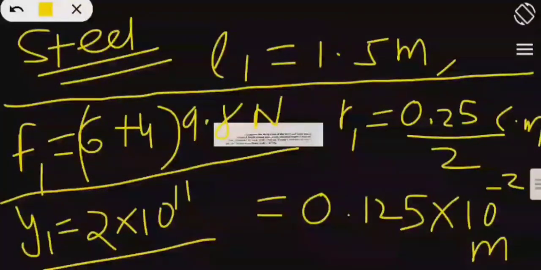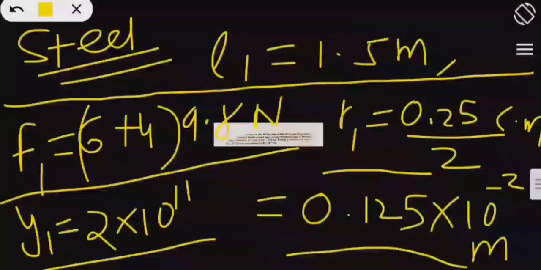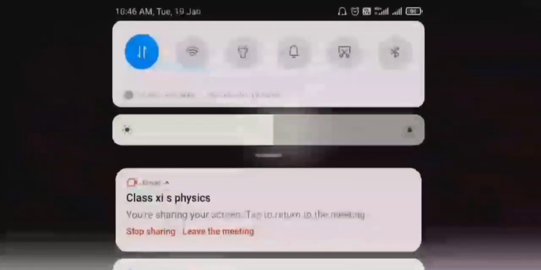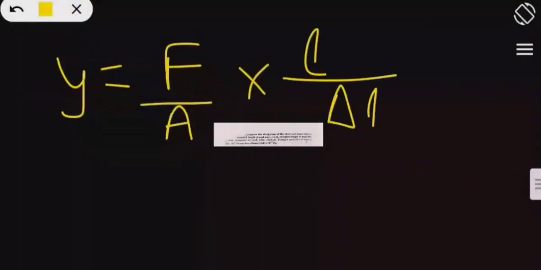This one, and this radius. Okay, so I can write it as Y is equal to F by A into L by delta L. This is the usual formula.